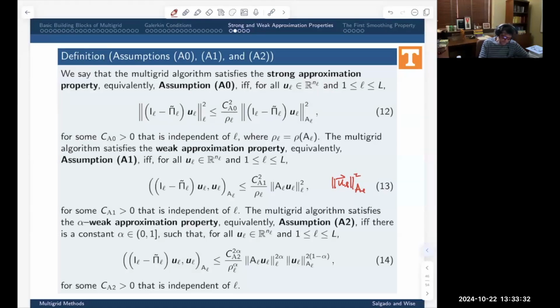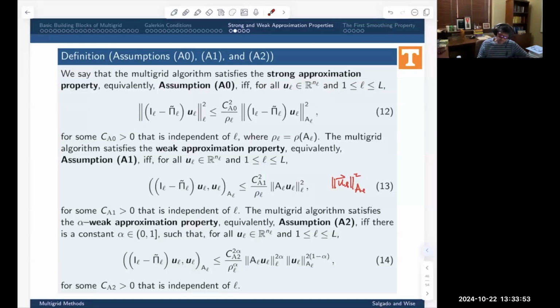So it's somehow an interpolation between these two things. This turns out to be highly useful to us for proving multigrid convergence, and this will not be so useful. So the question is, if I interpolate between these values, where alpha is our interpolation parameter, it's a power, will I get something useful for convergence?